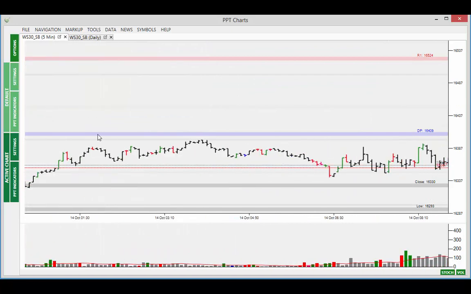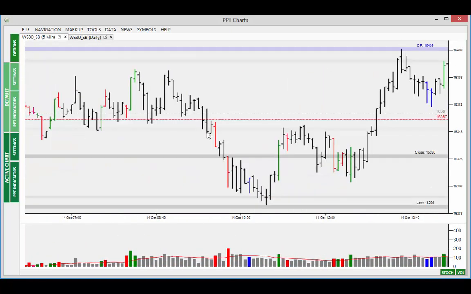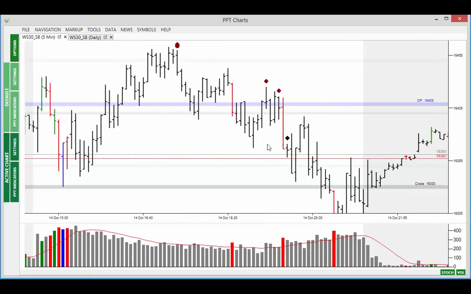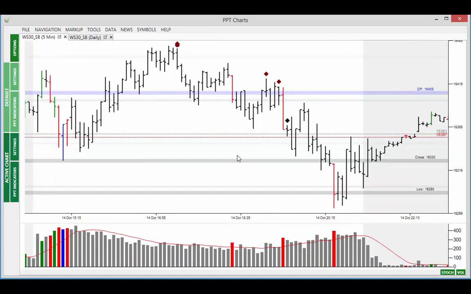So the next thing is, if we are to alter the settings, and of course all of these settings are down to the individual's trading style as well, you can alter them to suit your own aversion to risk. And what you can do is this.